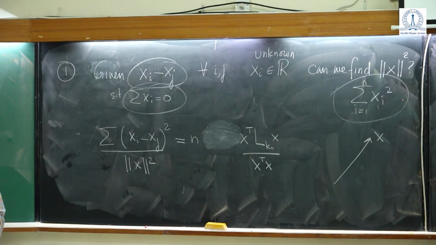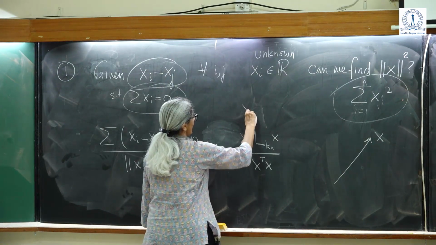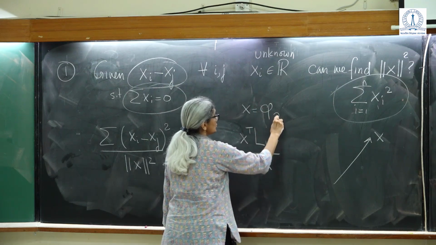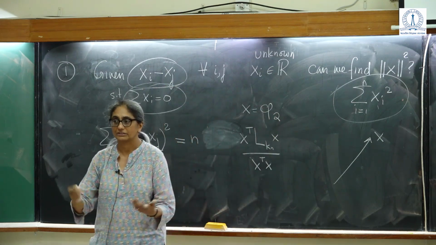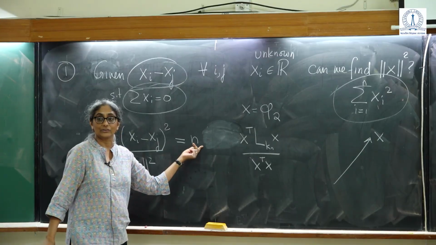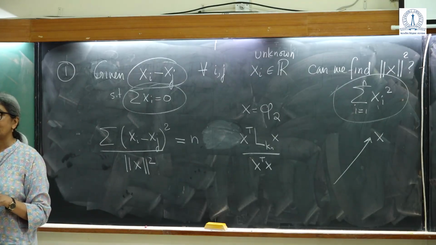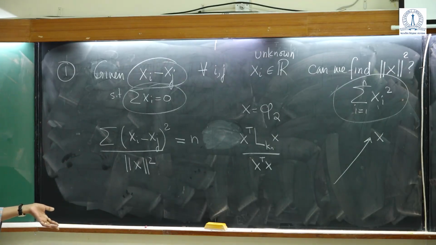Exactly, any eigenvector that is perpendicular to the all ones. So if I evaluate this at x equal to phi2, the second eigenvector, or phi3 or whatever, then I get exactly the eigenvalue. We know that when you plug the eigenvector into the Rayleigh quotient, you get back the eigenvalue.